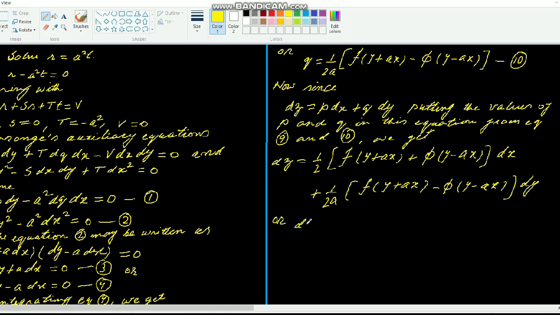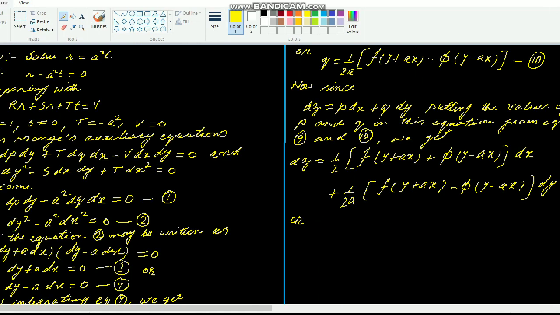Or dz is equal to, now opening the bracket, half and dx will multiply both the terms and we get half f of y plus ax dx plus half phi of y minus ax dx, and here 1 upon 2a and dy both will multiply.